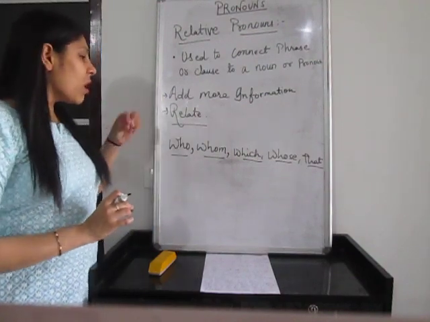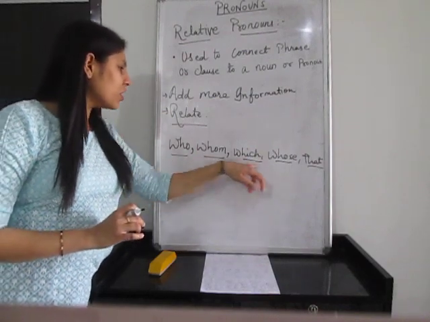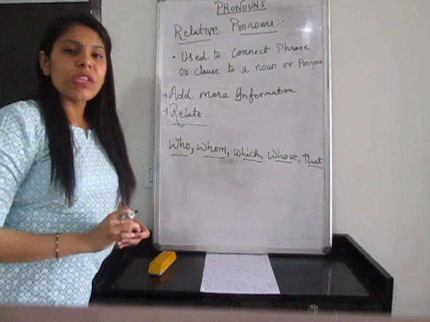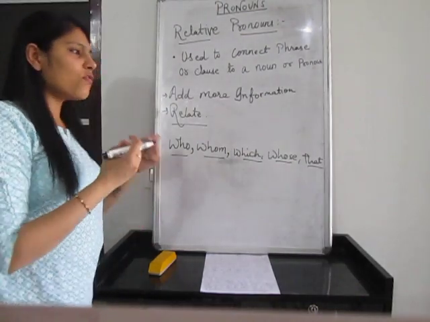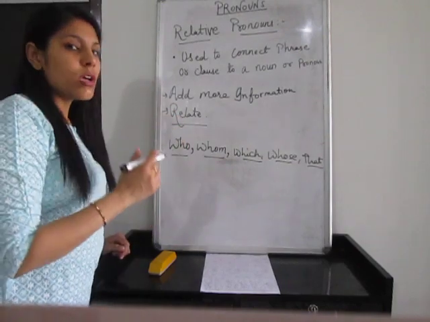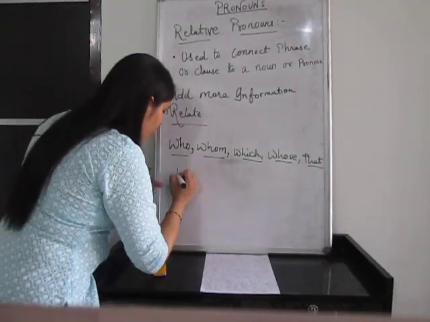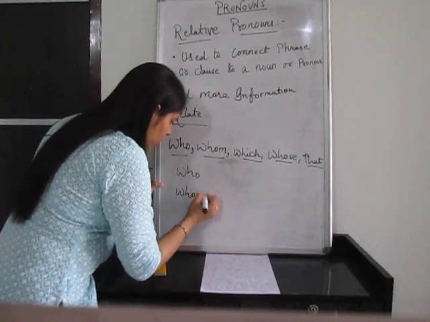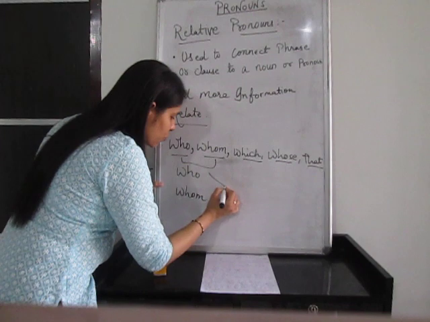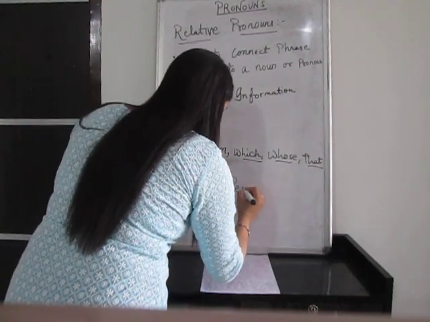Even you can feel it when you try to recall these words and where we use them, you will be able to see that we use them to join. First I'll tell you where we use them. Suppose we talk about who and whom. Who and whom are used to talk about people.